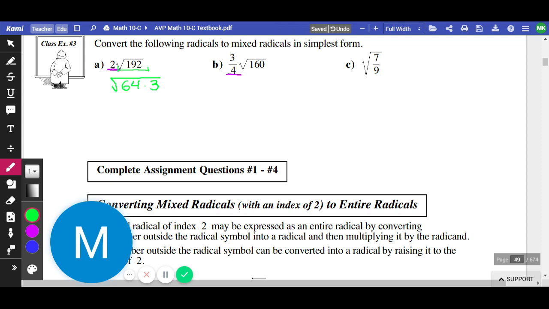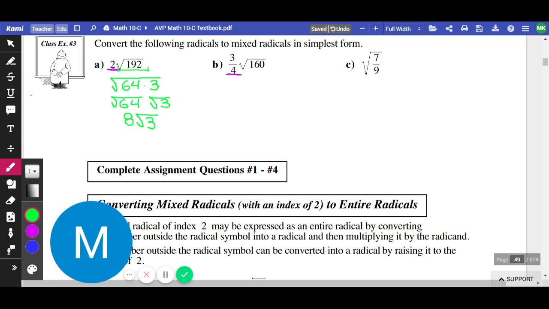Again, I'm not going to worry about that 2 out front, that coefficient. I then could break this up to be root 64 and root 3. I could then break this up to become 8 root 3. All I did was simplify it like I always do.